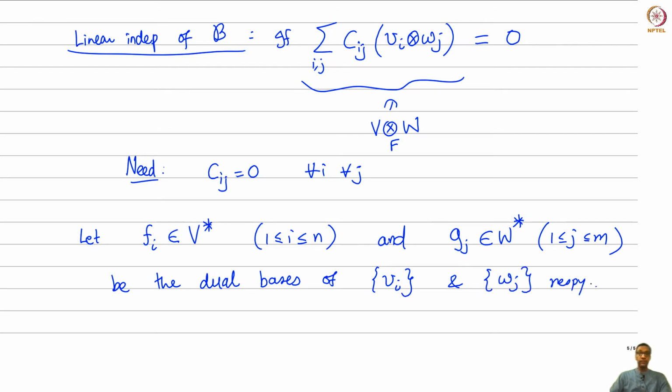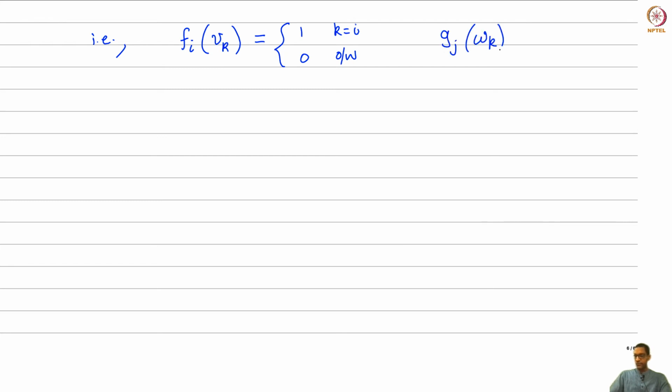Okay, now what does dual basis mean? Recall that these dual basis elements are just the following. When I evaluate fi on a given Vk, it gives me 1 if k is i and gives me 0 otherwise. Similarly, if I evaluate gj on Wk, it will only give me 1 if k is j and 0 otherwise. Okay, so these are what you call the dual bases.